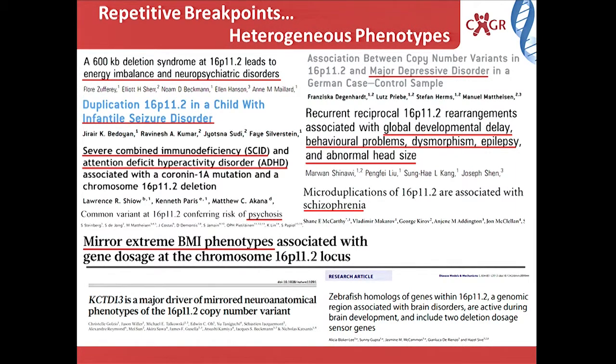The fact that reciprocal dosage change at the DNA level can lead to similar disorder opens the door to a number of very interesting questions as to the phenotypic effects of reciprocal expression changes at the RNA level. Two zebrafish studies published last year, including one from the CIV group at the Whitehead, some of their data we just heard about, as well as a study from the Katsanis group at Duke, identified anatomical phenotypes due to the under and overexpression of individual genes within the 16p region, suggesting both that single genes in the region can contribute elements of phenotype, and that deletion and duplication can have different, if related, effects.